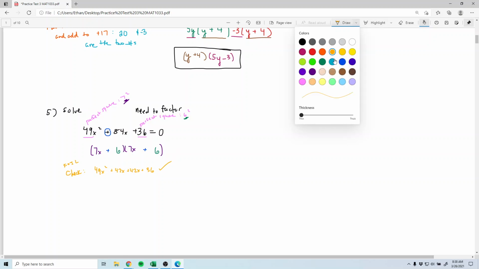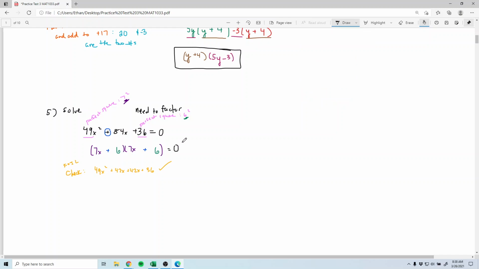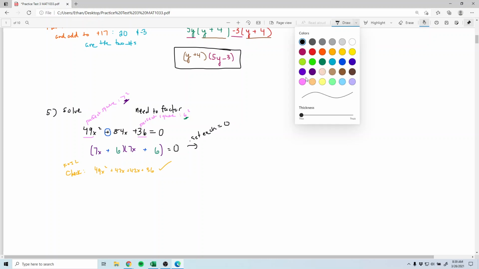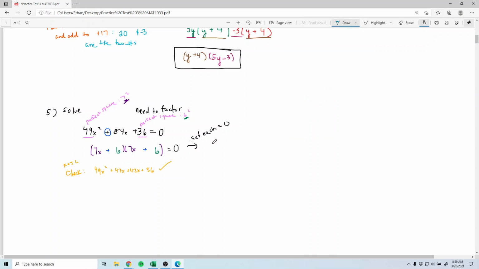Right, now the one thing to remember is we are solving this, we are not just factoring it. Now what can we do now that it's set equal to 0 and factored? We set each part equal to 0. Because they're going to give us the same number, because it's the same factor, you only have to write it once.